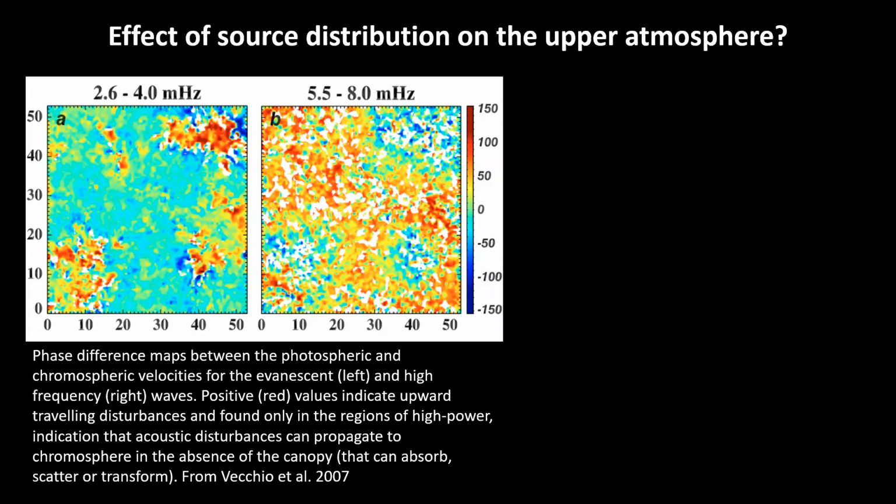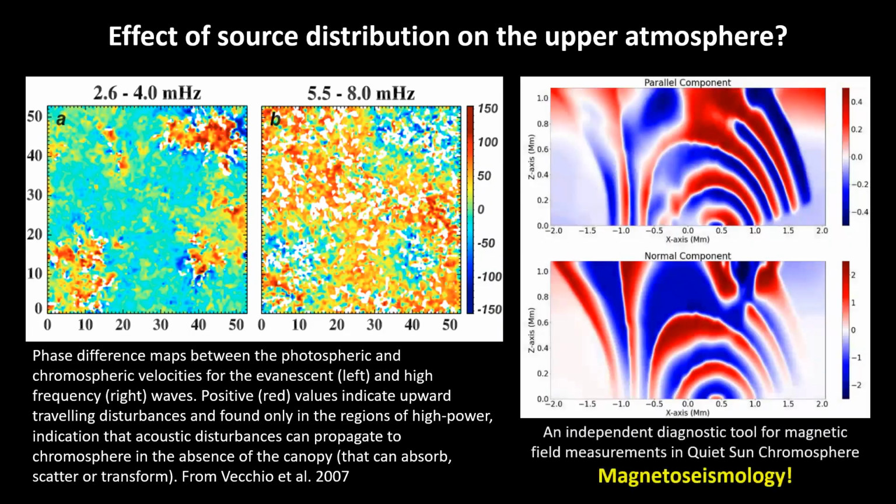So now we don't have to rely only on the phase difference. What we can do is see how each individual wavefront is propagating through this magnetic atmosphere, and we can use that to diagnose the magnetic field itself, right? So this would give us an independent diagnostic tool for magnetic field measurements in the chromosphere.